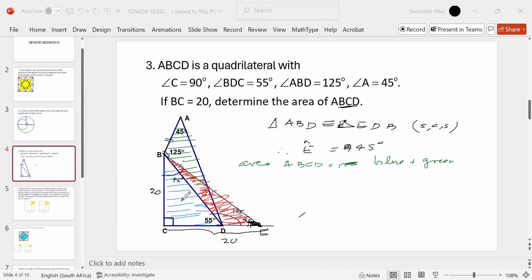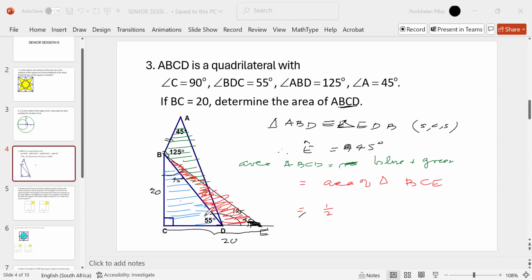So now you've got the blue triangle plus the red triangle. The blue triangle plus the red triangle is just the area of triangle BCE, and it's a lovely area. And we just found that this is a right angle triangle.